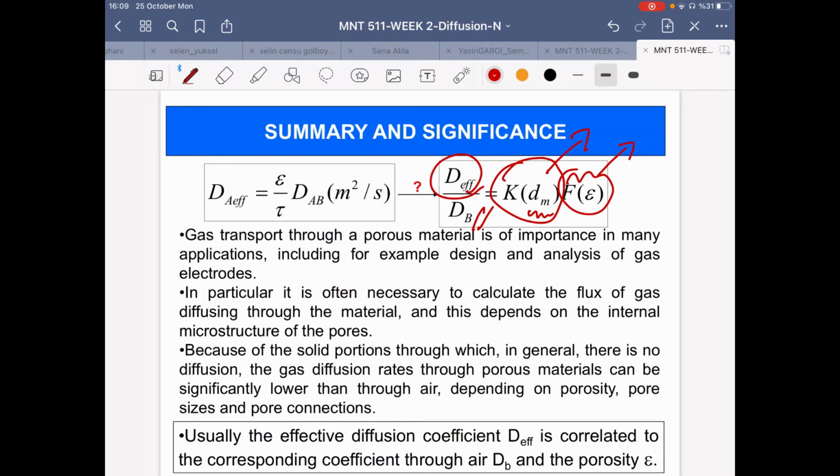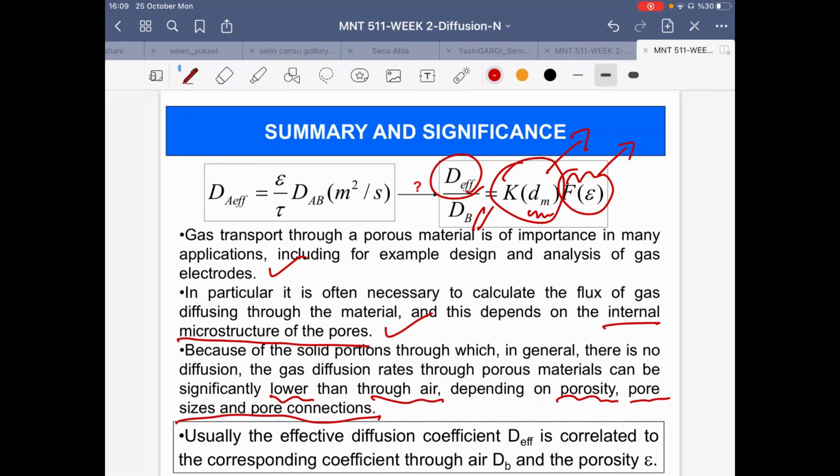So gas transport through a porous material is of importance in many applications, including design and analysis of gas electrodes. In particular, it's often necessary to calculate the flux of gas diffusing through the material, and this depends on the internal microstructure of the pores. Because of the solid portions through which in general there is no diffusion, the gas diffusion rates through porous materials can be significantly lower than through air, depending on porosity, pore size, and pore connections.